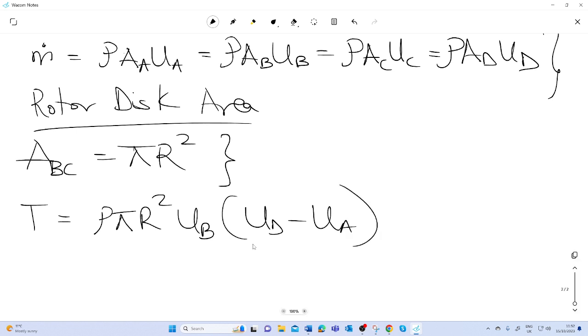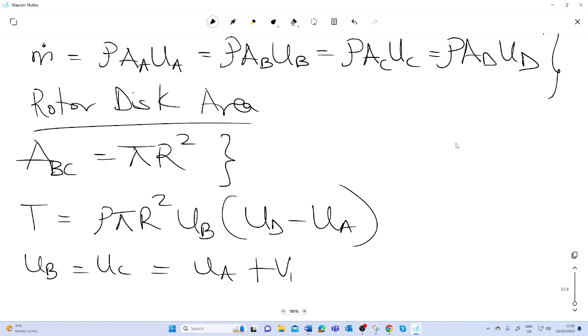And let us not forget from the assumption that UB equals UC, and UB and UC equal UA plus induced velocity V1.